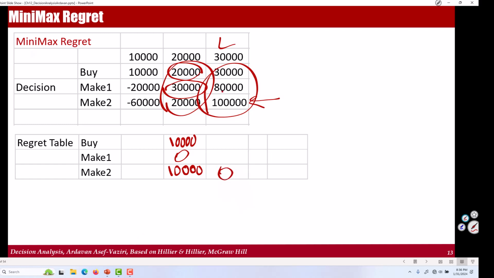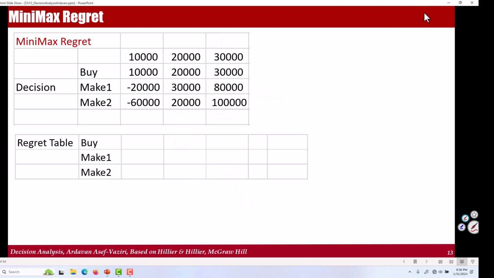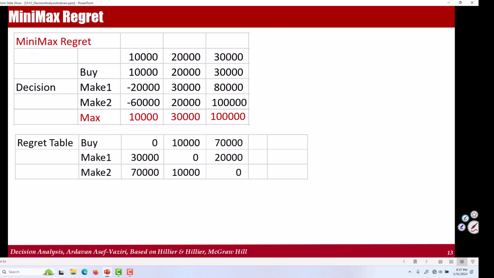But for this one it is 100,000 minus 80,000, which is 20,000. And for this one it is 70,000. So I can easily compute the regret table. This is the maximum of state 1, maximum of state 2, maximum of state 3. We subtract each payoff from this maximum. Here I will get 0, 30, 70. Here 10, 0, 10. And here 70, 20, and 0.